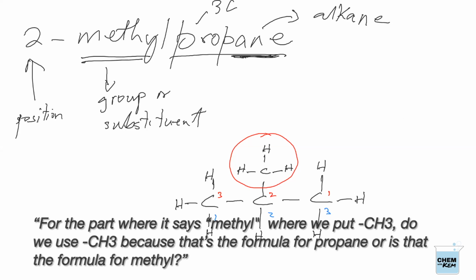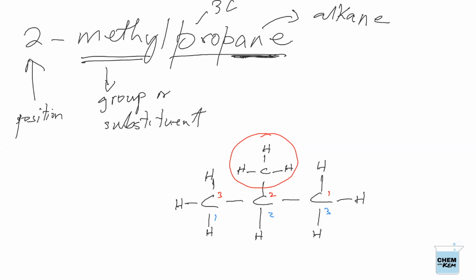All right. Methyl, remember, is coming from the word meth. The prefix meth means 1 C. So if it were CH4, that is methane. So the methyl is just 1 hydrogen less. So pretty much methyl is the CH3 group.